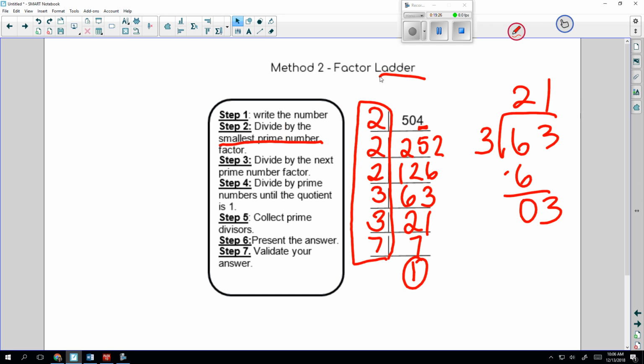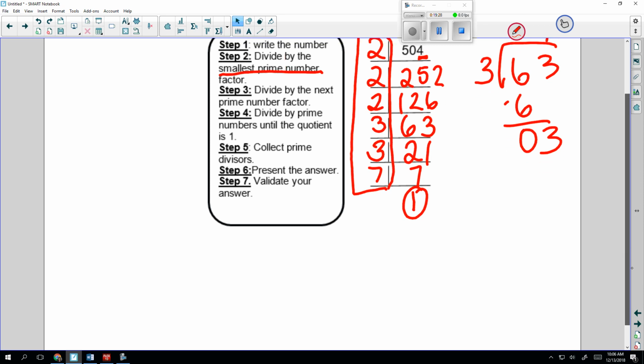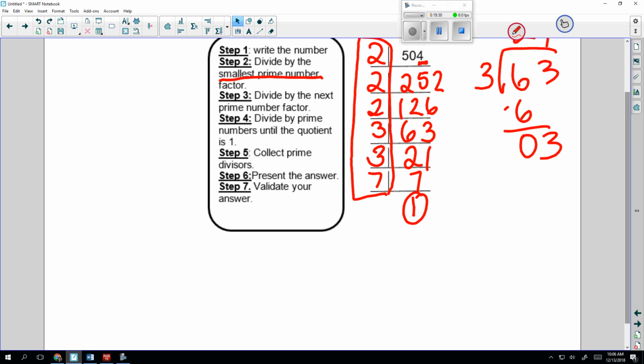So now how would I write this as an expression? 2 ways I can write it. What's the first way? Kaylin. 2 to the third power times 3 to the second. Okay, so you went to exponents. So 2 to the third power times 3 to the second power times 7.